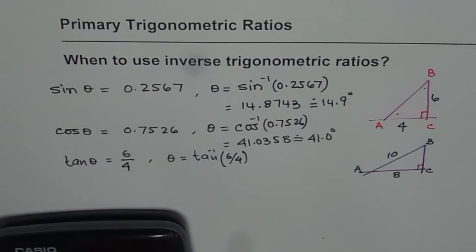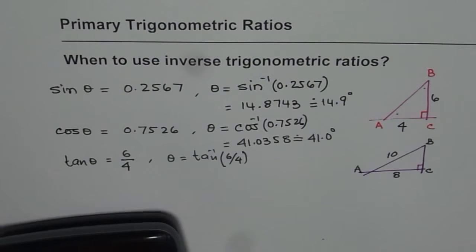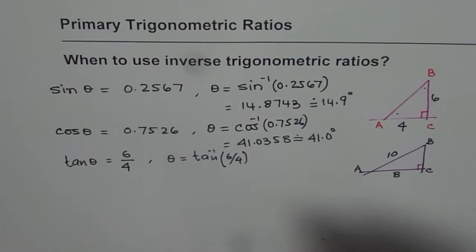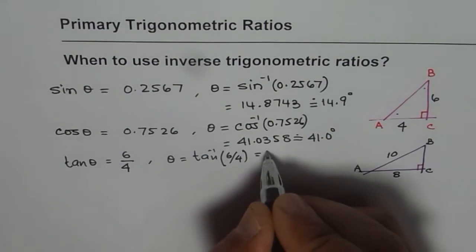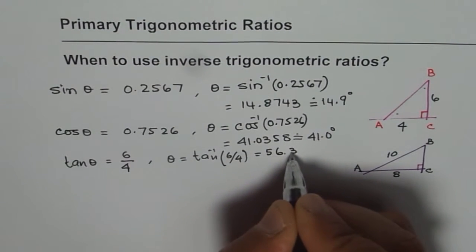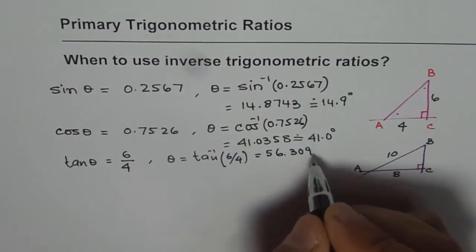So that means shift operation, within bracket 6 divided by 4, bracket close. Well, I made a mistake. So second operation, tan inverse of 6 divided by 4, bracket close, equal to 56.3099.